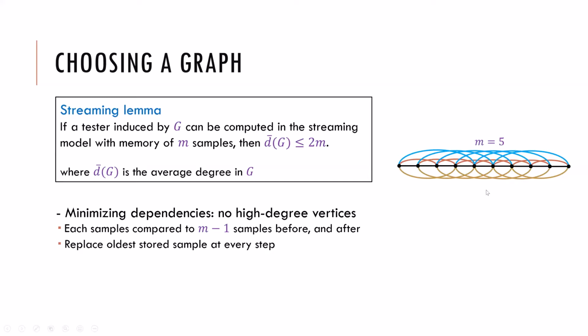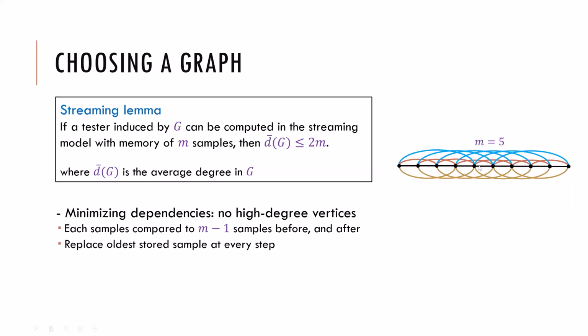And the idea, which is encapsulated in this graph, is, okay, let's get rid of old samples. Every time we process a new sample, not only do we compare it with all the samples that we have in our memory, but we also take the oldest sample in the memory and replace it with the newest one.